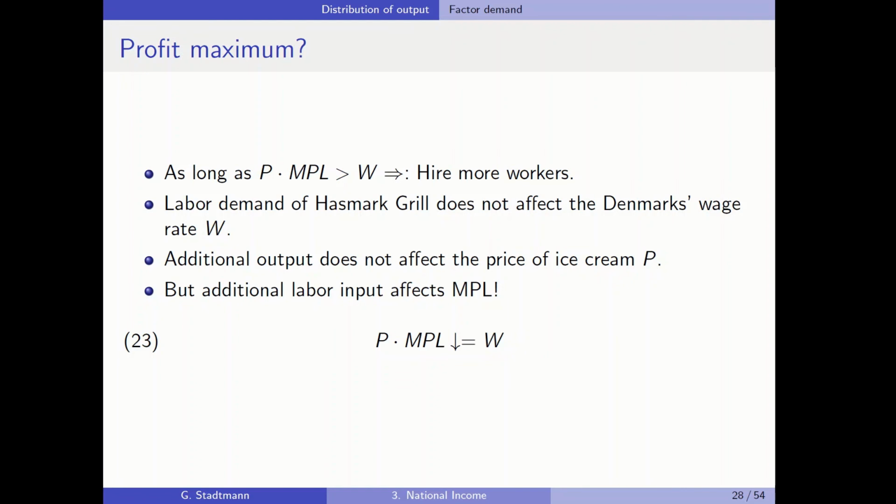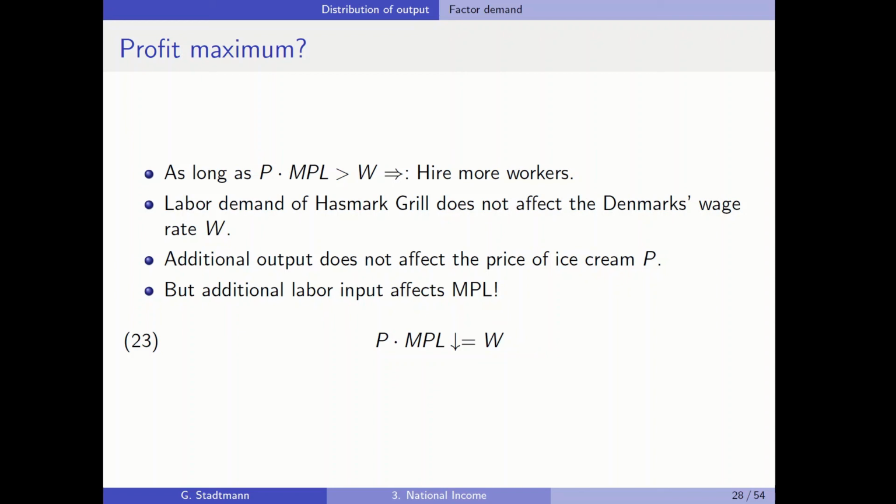What about the manager of the ice cream shop in Hasmark? Is he doing these kinds of calculations? To some extent, yes. To some extent, no. Of course, I believe that the owner of Hasmark Grill has never attended an economics course at the university, so he does not know the term marginal productivity of labor.